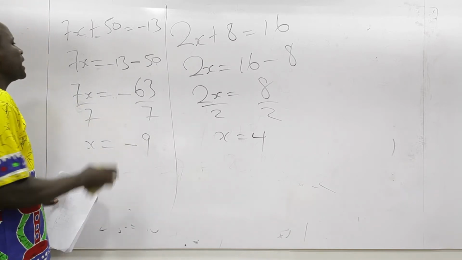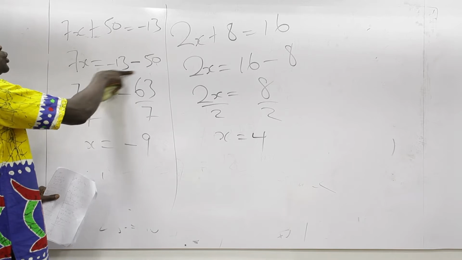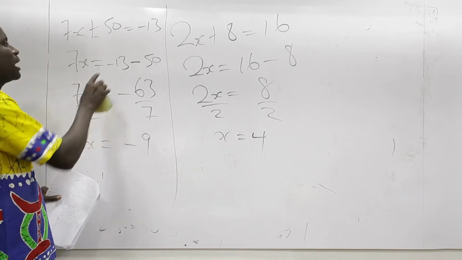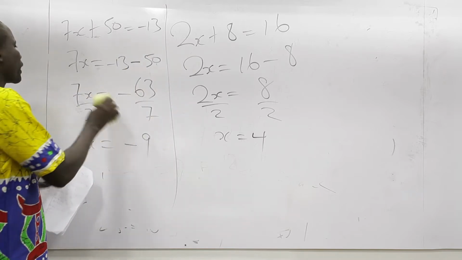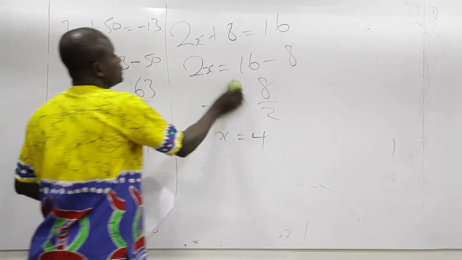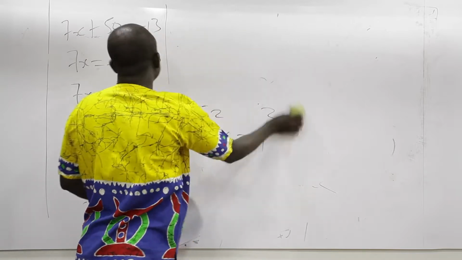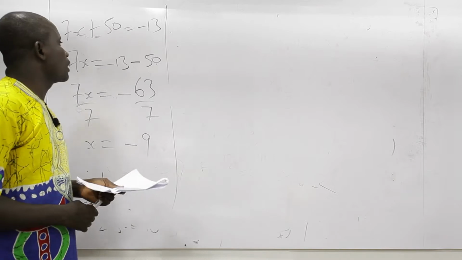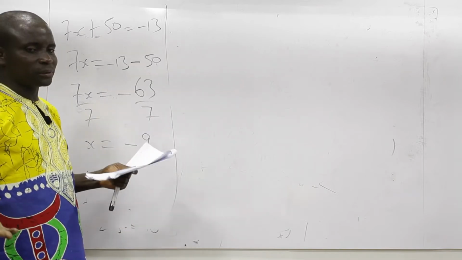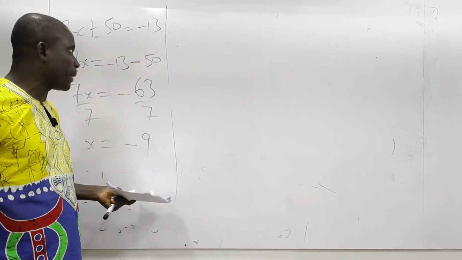Now here, some people may not be able to understand as expected, so let me pause here and give you a brief explanation of how this is happening. I said negative 13, negative 50, and some people are getting confused about this.